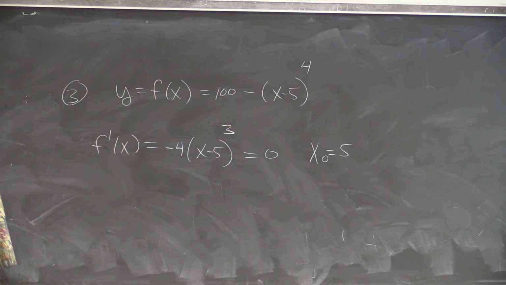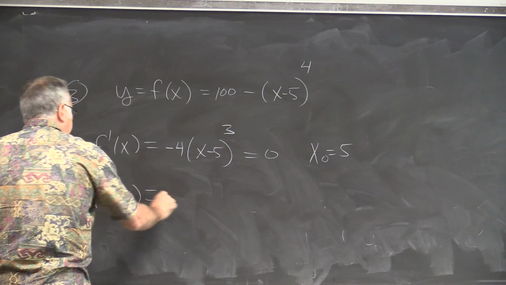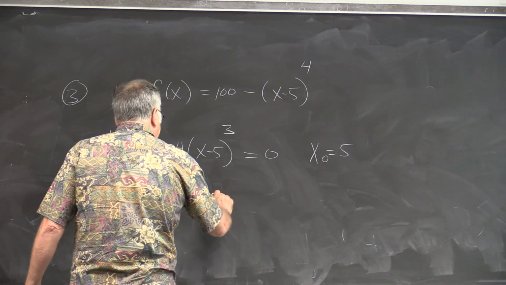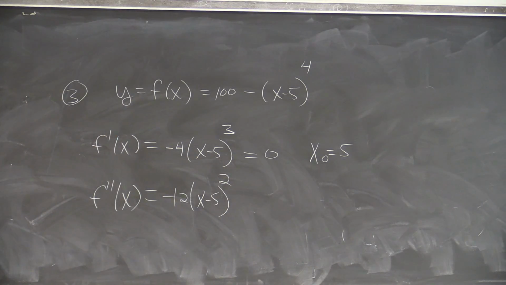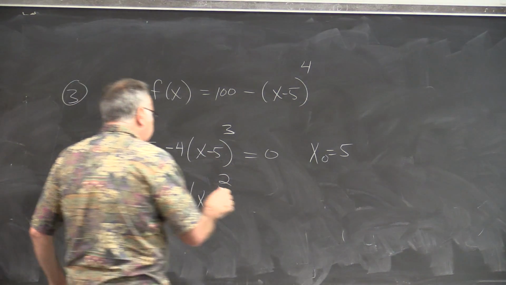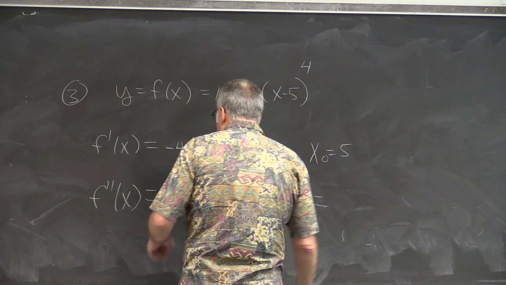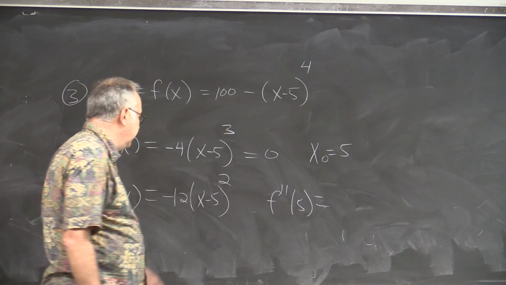Now, let's take the second derivative, f double prime of x. f double prime of x is just minus 12 times x minus 5 squared. Now, you evaluate this second derivative at the critical value of x. So if we look at the value of the second derivative at the critical value, we get 12 times 5 minus 5, which is 0, so this is 0.